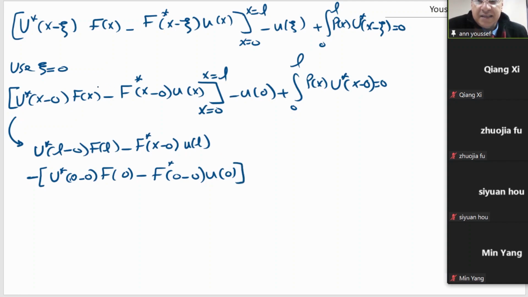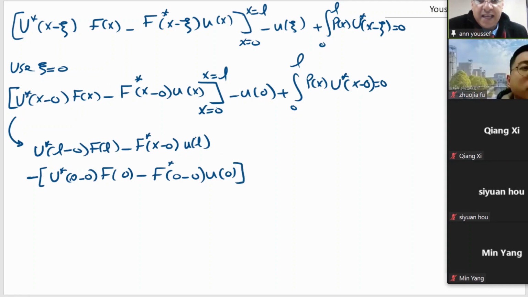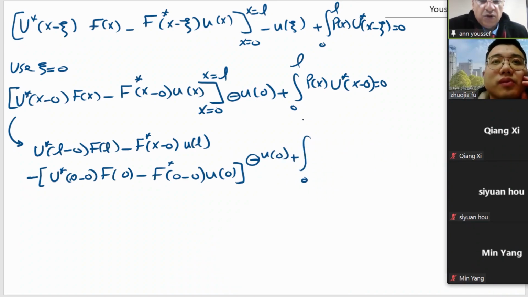So this part is when we substitute x equal to the upper bound, and this part when we substitute x equal to the lower bound, minus this, minus u of 0 plus integral from 0 to L p of x times u asterisk of x minus 0 equal to 0.